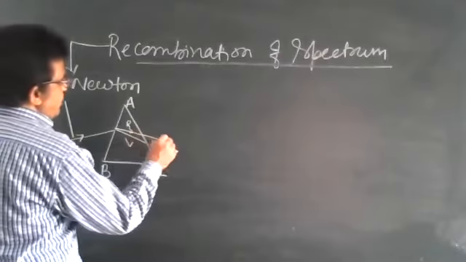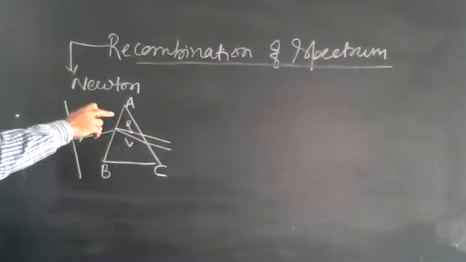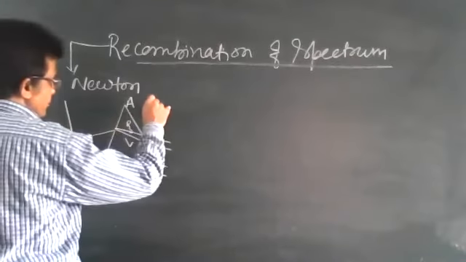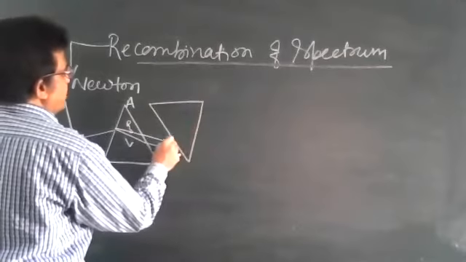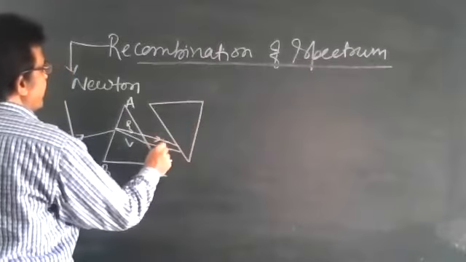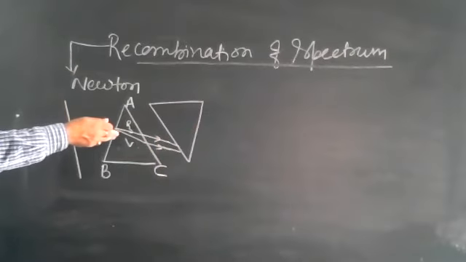Then this spectrum falls on another prism. See here, in this manner, an inverted prism is placed here.